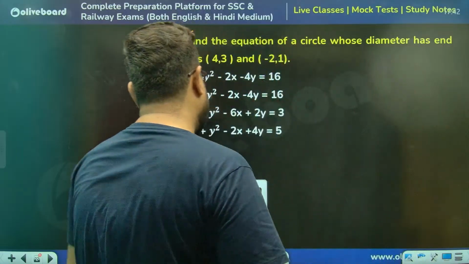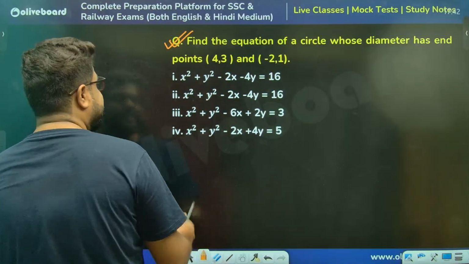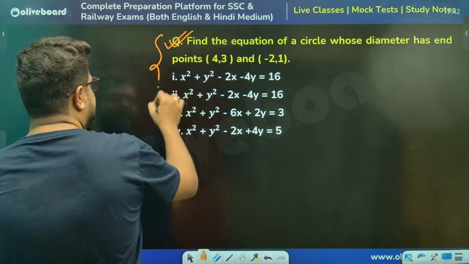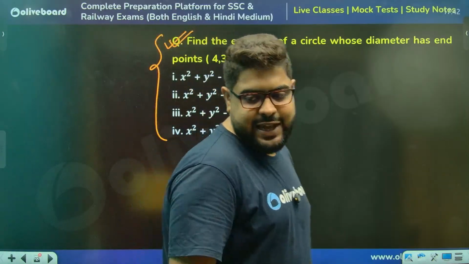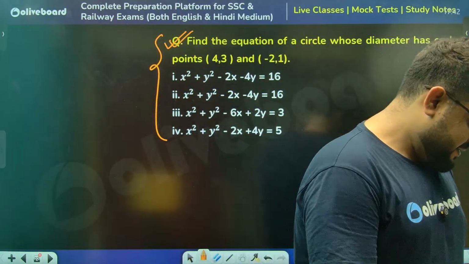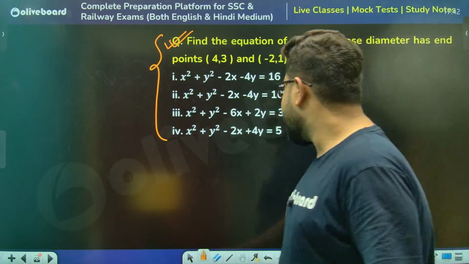Yes, Reena, we have solved this. This question was previously asked, and this year also in the selection phase they have asked this. Option is wrong; when will it be minus 4y?